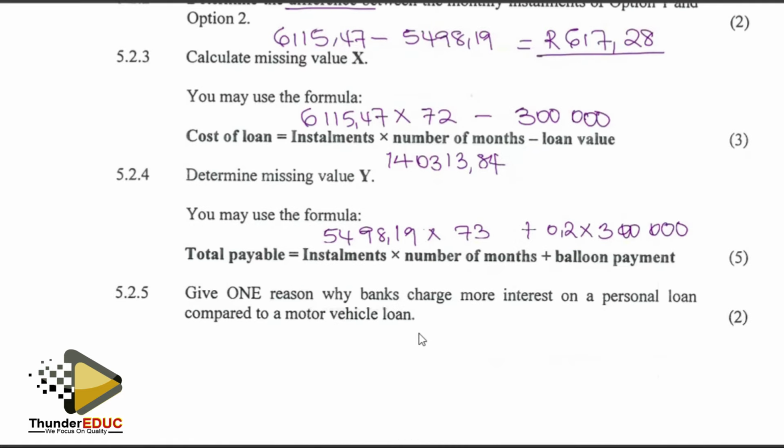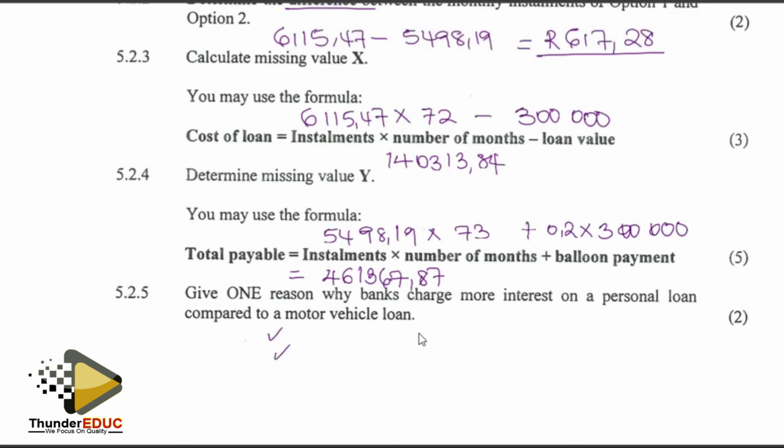So after doing that, you end up having your answer as 461,367 rands 87 cents.